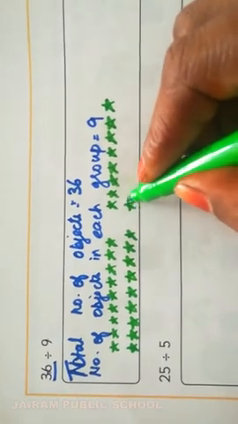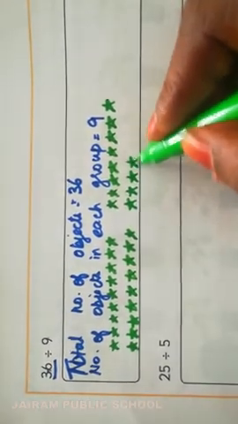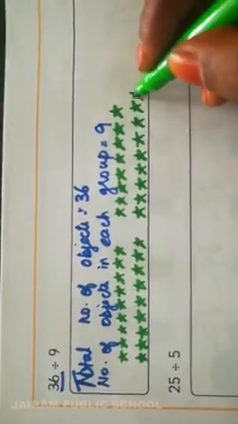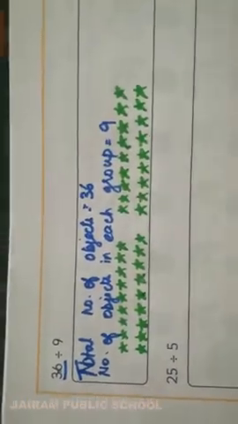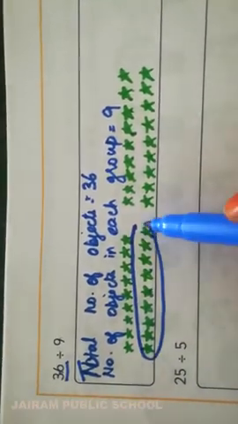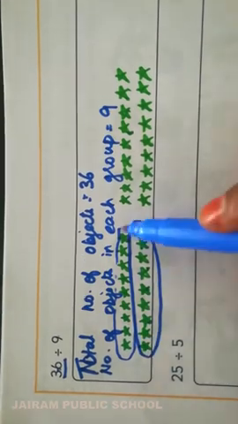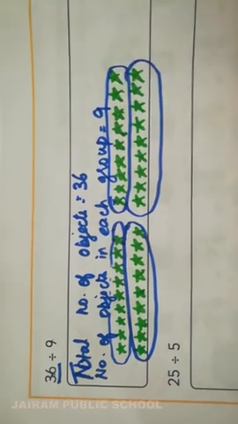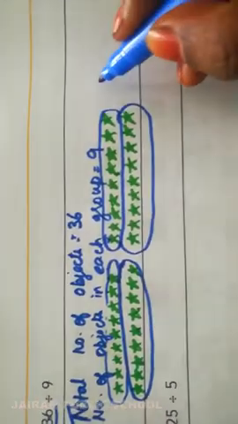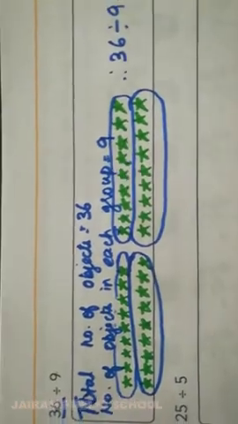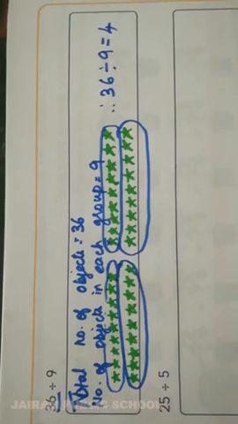Another set, 28, 29, 30, 31, 32, 33, 34, 35, 36. Like that we have to separate the objects. Now, we will make a group. See, this set will be the first group, second group, third group, fourth group. So, totally 4 groups are there. So, 36 divided by 9 equal to 4. Like that, you have to find the answer.